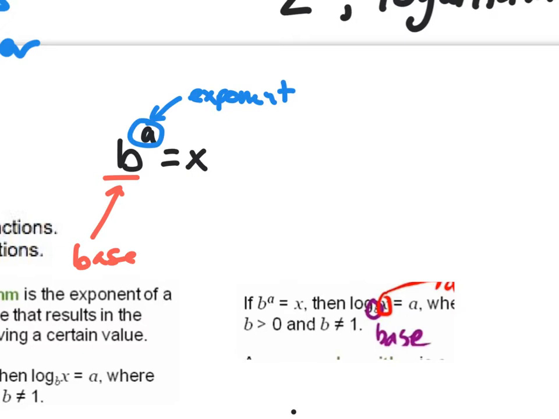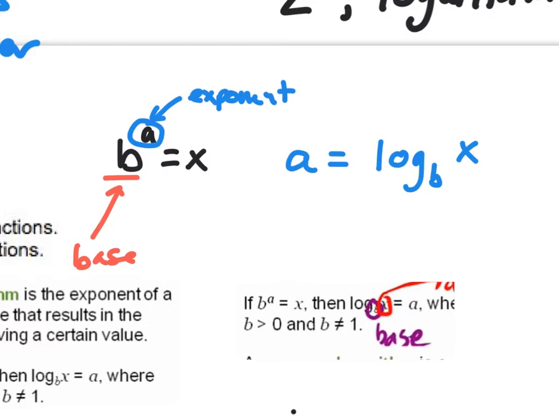But let's say we wanted to figure out what a is equal to. That's the key. To get a out of our exponent, you have to use a logarithm. You say this is log base b, and you put a little b there, of x is equal to a. That's by definition what a logarithm is.